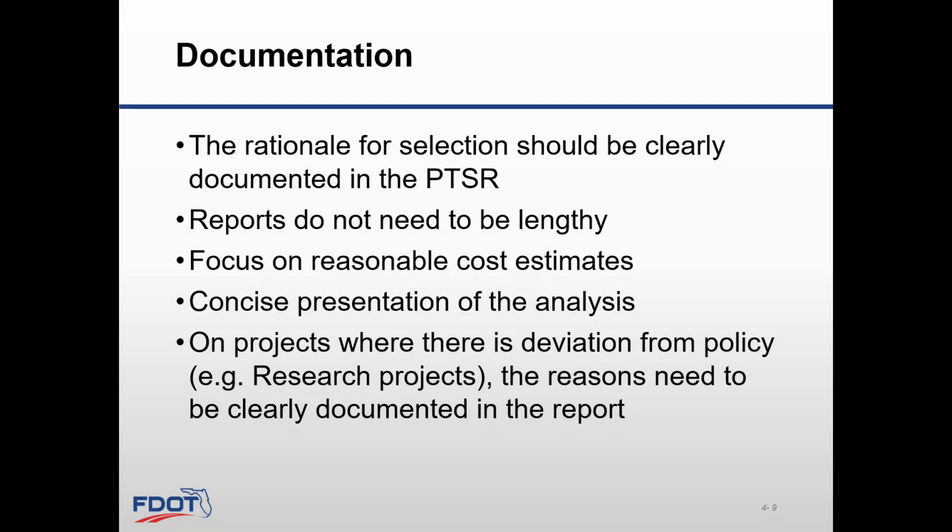The reports do not need to be lengthy or overly verbose. They should focus on reasonable cost estimates and concise presentation of the analysis. On projects where there is a deviation from policy, for example, research type of projects, the reasons need to be clearly documented in the report.